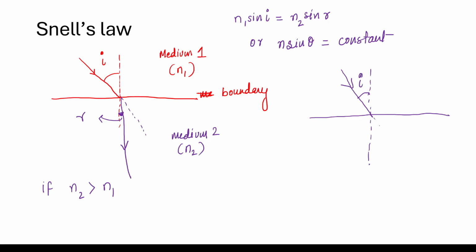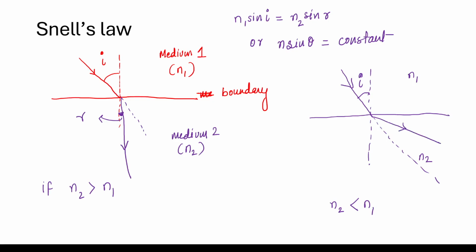If there is no change of medium, this is how my light ray would have gone without change in the path. Now because it is going from n1 to n2, and I'm assuming n2 is less than n1, it'll bend away from the normal.